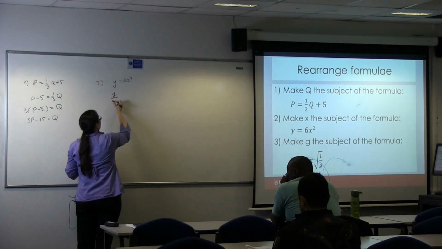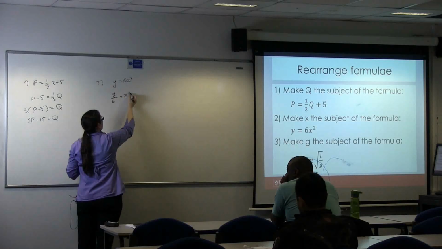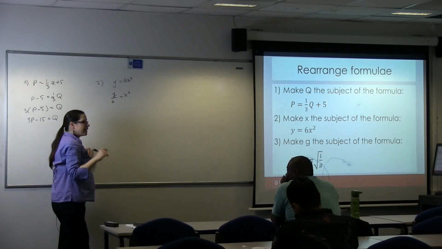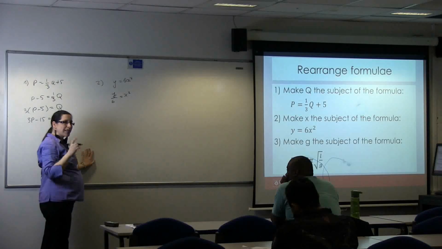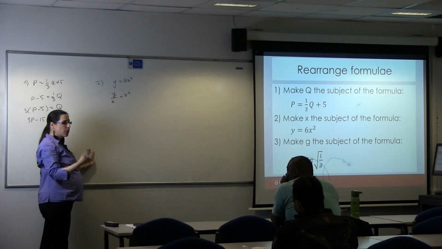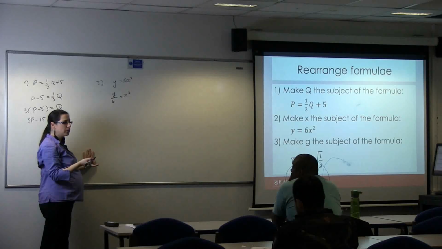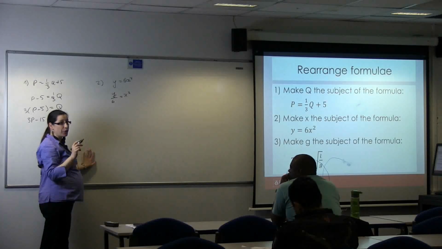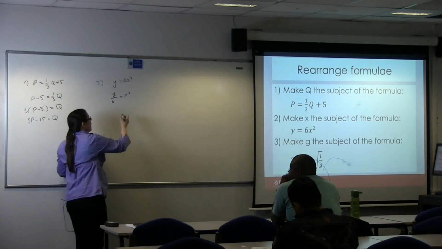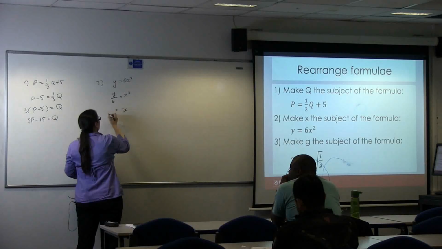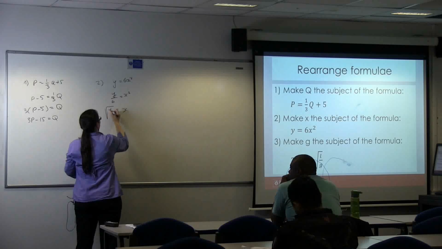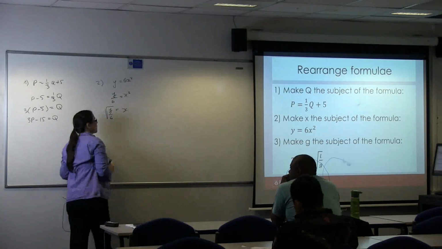So I've got y over 6, that is equal to x squared, but I'm not interested in x squared, I'm interested in x. So how do I undo the square? By taking the square root. So x is equal to the square root of y over 6.